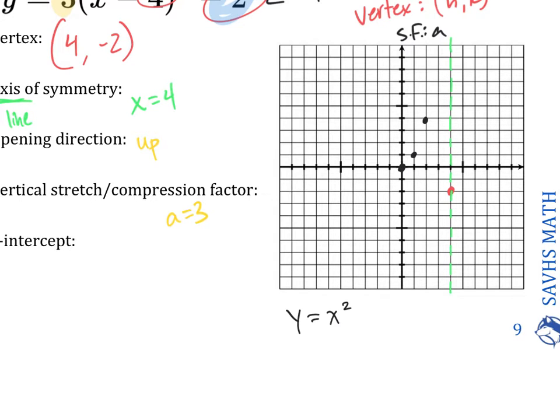As you put in values for x, you can see 1 squared is 1, 2 squared is 4, 3 squared is 9. By the way, 4 squared is 16, but that's way off the graph, so I can't even see that.